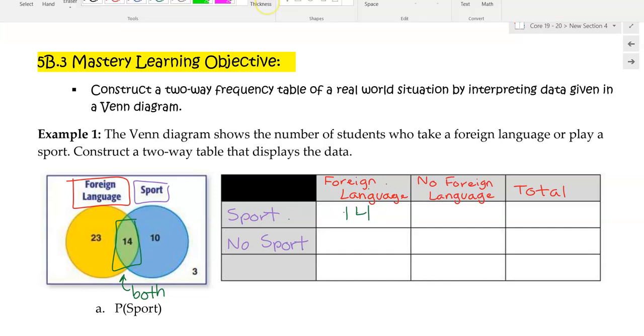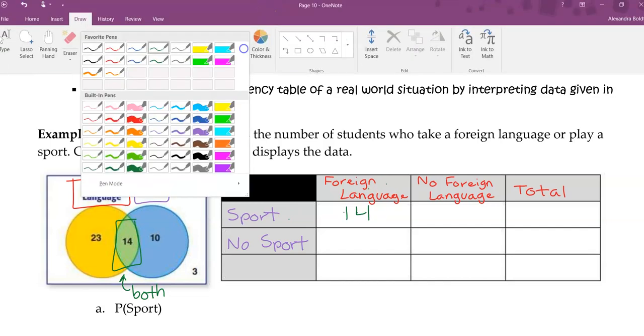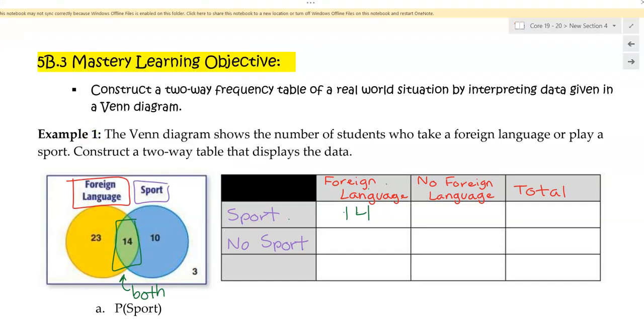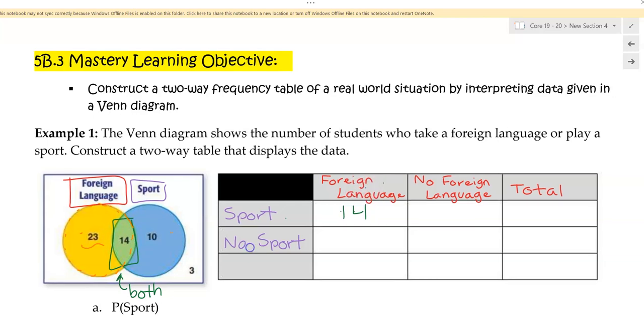Okay. Then my other two sides. This 23, it's in our foreign language circle, but it's outside of our sport circle. So it's yes to foreign language, no to sport.